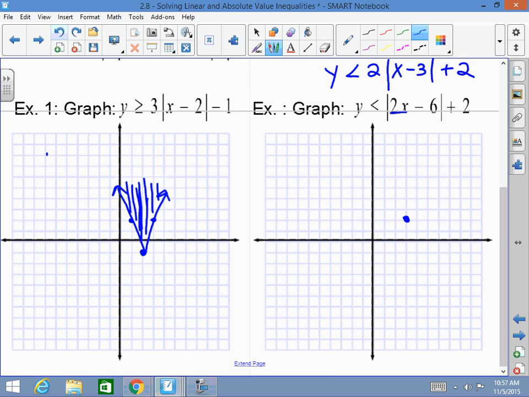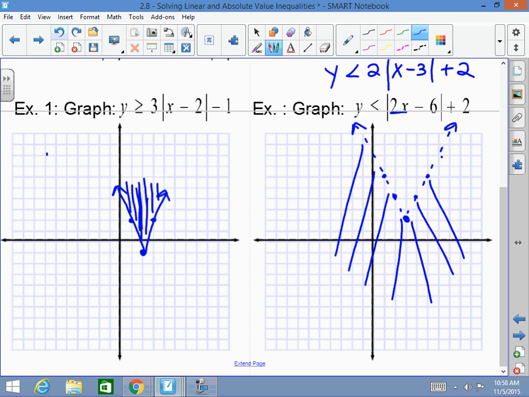What's my slope? Up 1, 2 over 1 to the right, up 1, 2, 1 to the left. Up 1, 2, 1 to the right, up 1, 2, 1 to the left. Dashed or solid? Dashed. It's y is less than, so above or below? So it's going to be below this graph. Those are the solutions.